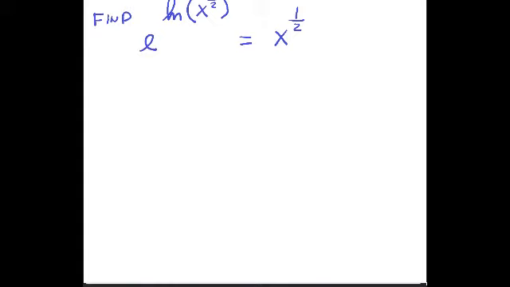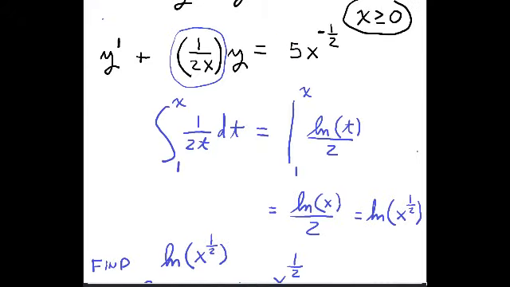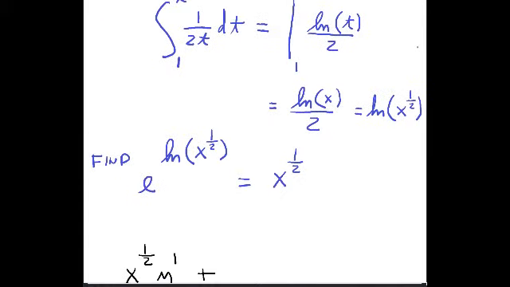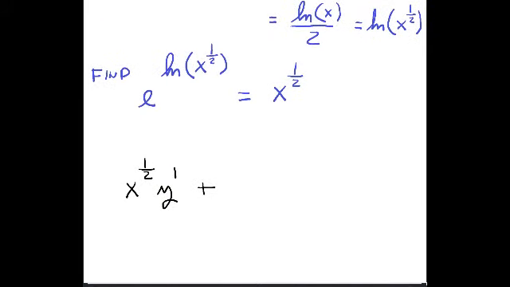Then we get the following equation: x to the 1/2 y prime plus, notice that we have this 1 over 2x, so a 1/2 is still going to remain there.